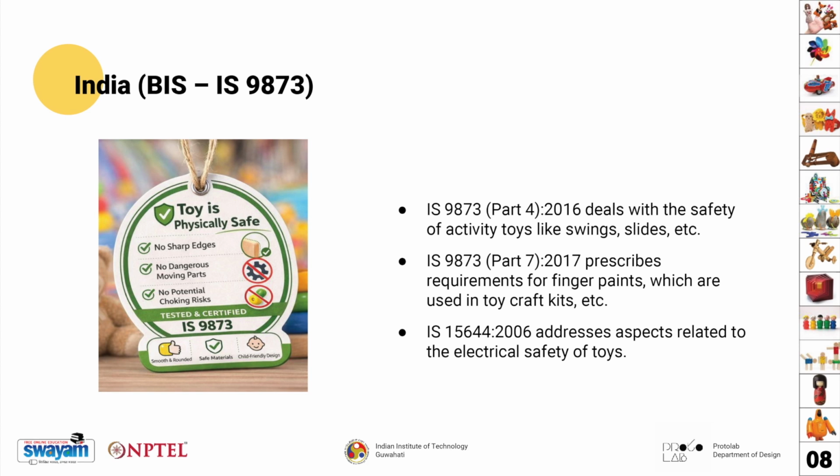The standard ensures that age warnings are clearly communicated through universally recognized symbols, which help caregivers and consumers quickly identify toys that may pose a risk to very young children.